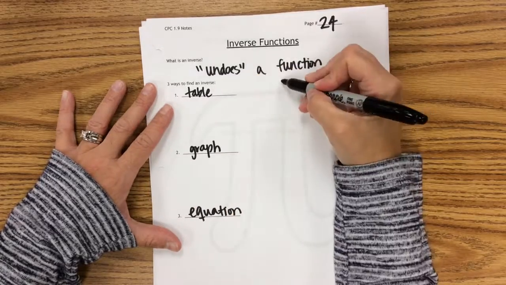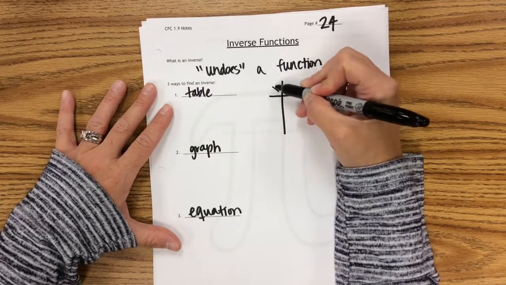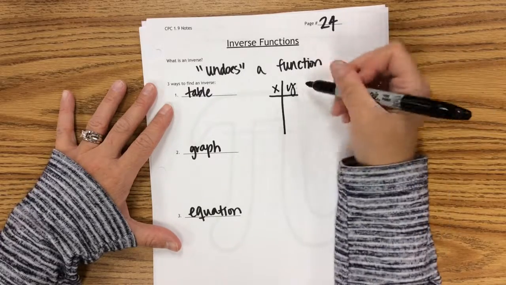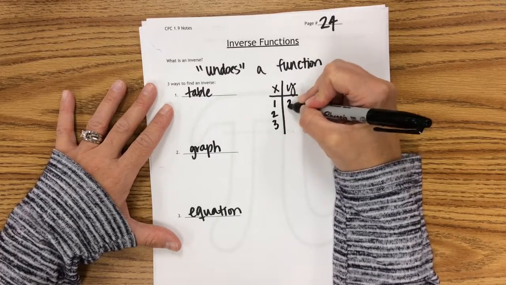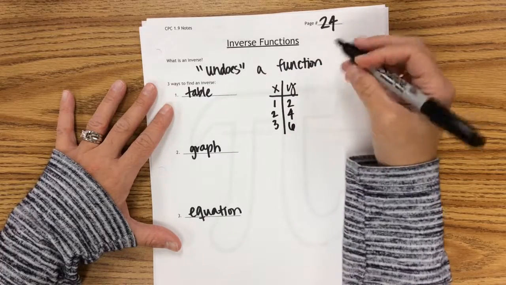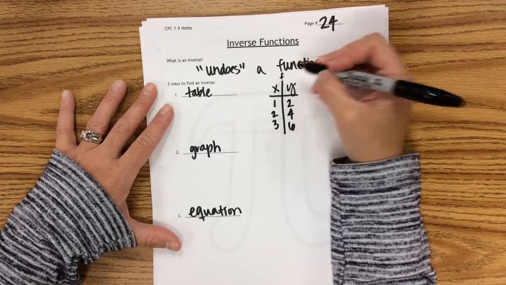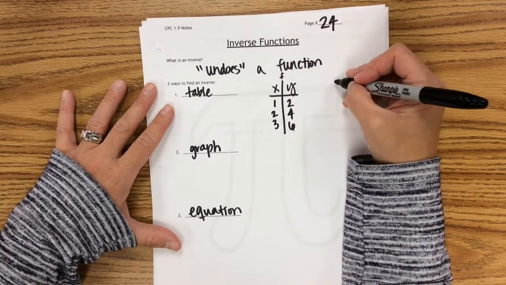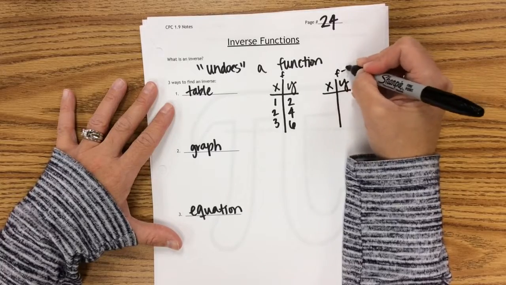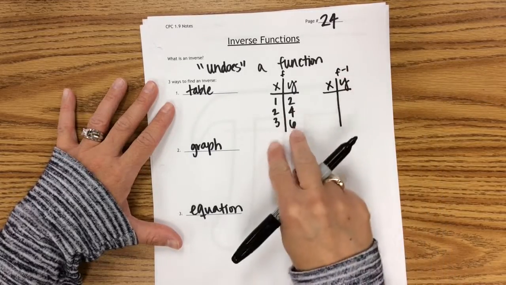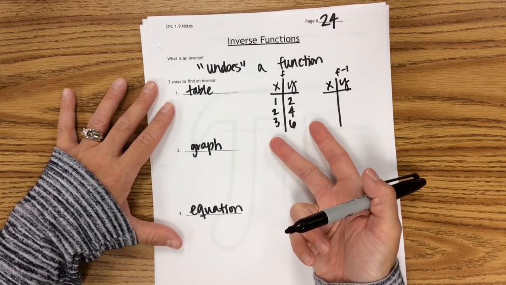With a table, if you have a table of values, x, y values, maybe it's a doubling function, so the values 1, 2, 3 go to 2, 4, 6. The function values can be turned into inverse values by switching the x and y.